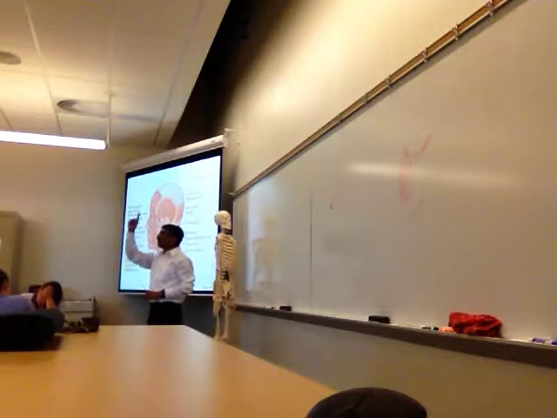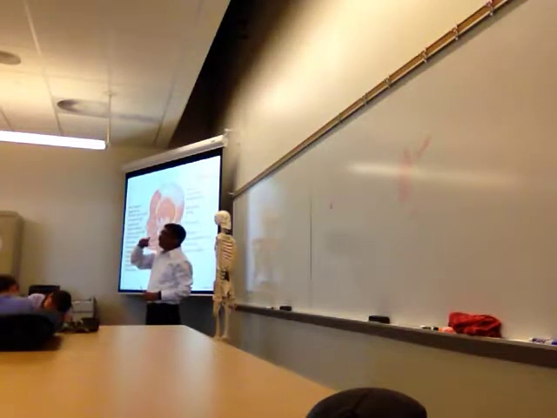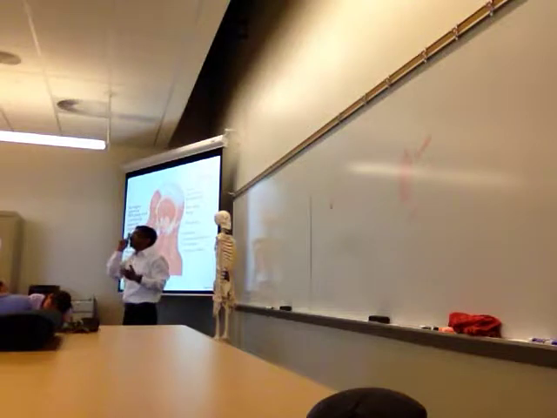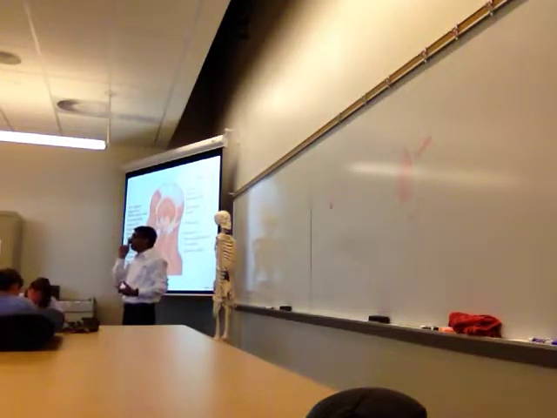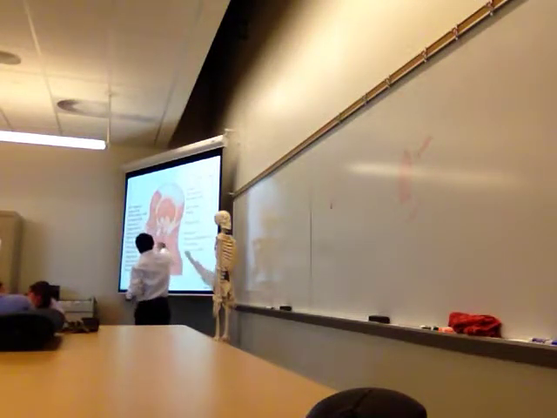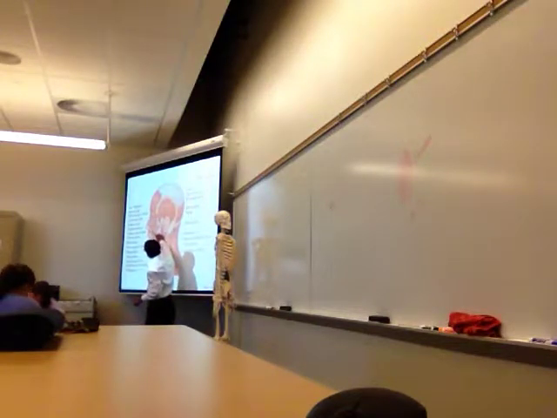It will move up. So it will move the upper lip upwards. Now if you know the function, you can tell the location of that muscle. That must be like this. When this muscle contracts, it will move the upper lip up.